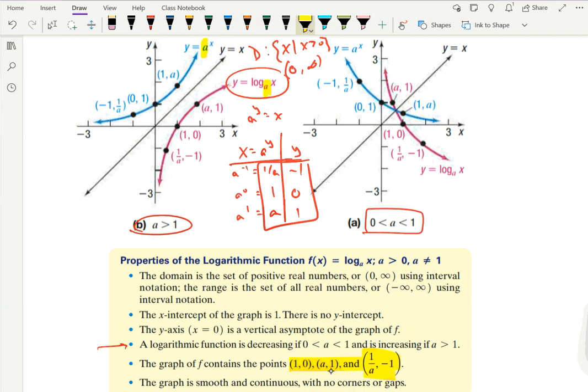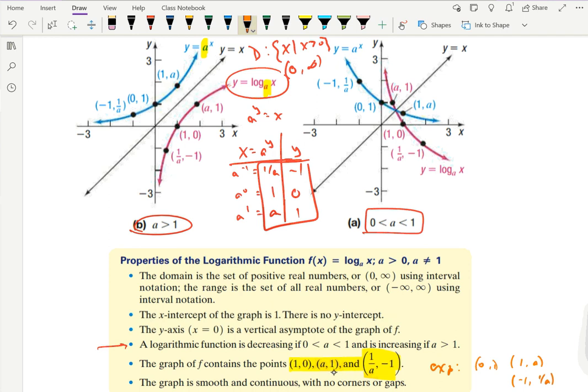The logarithm has the points (1, 0), (a, 1), and (1/a, -1). When we're doing the exponential, it was (0, 1), (1, a), and (-1, 1/a). So the coordinates in the exponential and the logarithmic are reversed.